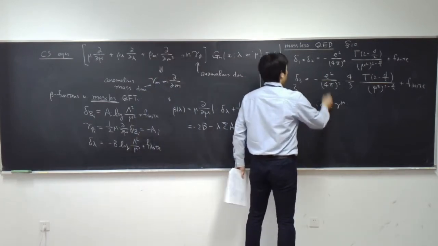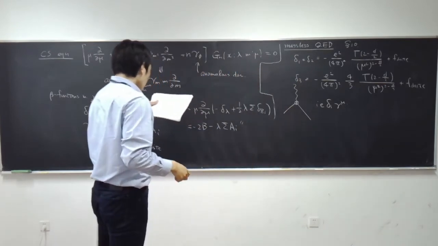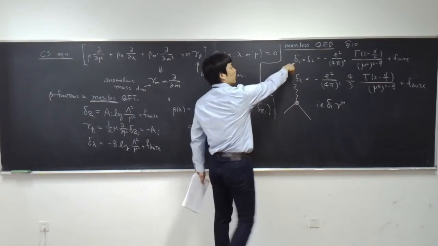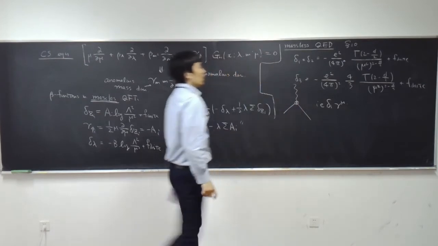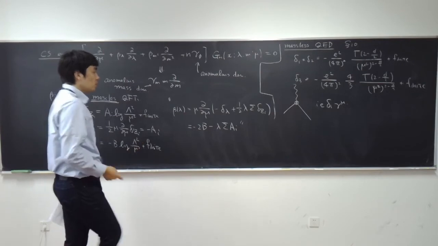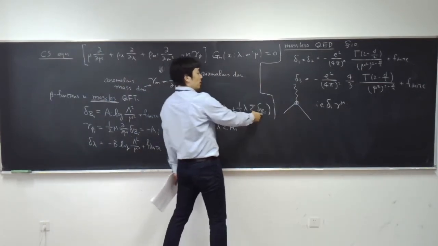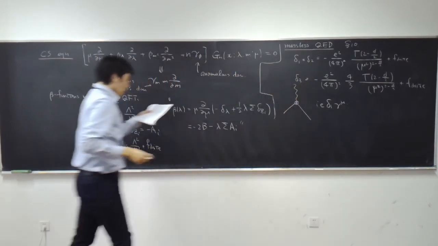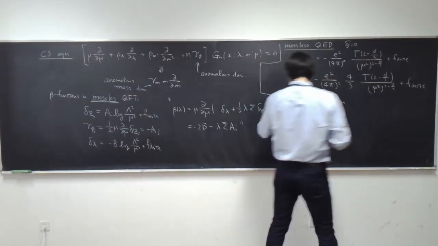Of course delta 2 and delta 3 are the wave function renormalizations for the fermion and the gauge field, and delta 1 is the counterterm for the electron vertex. So this delta 1 corresponds to delta lambda, and the delta z_i are delta 2 and delta 3 in this case. We just apply this by brute force.